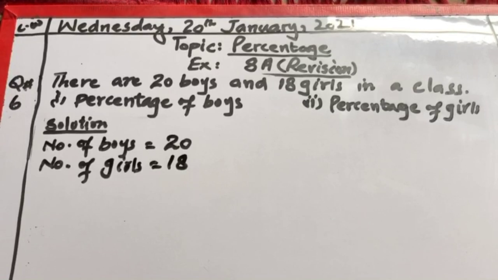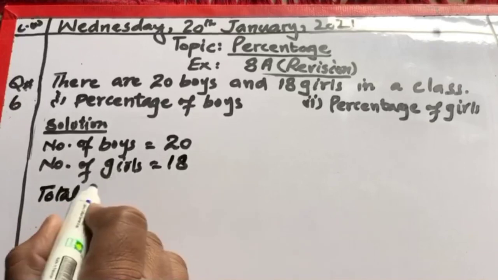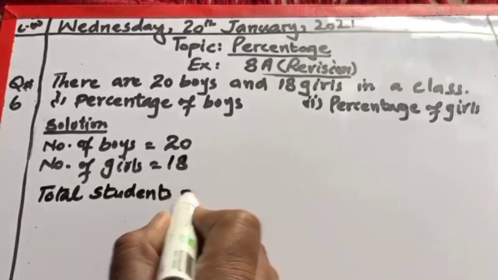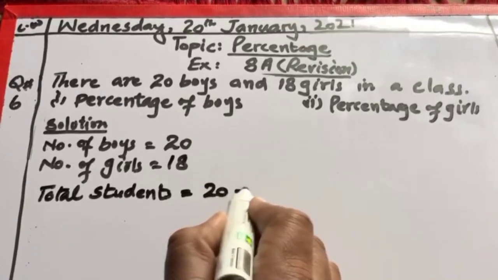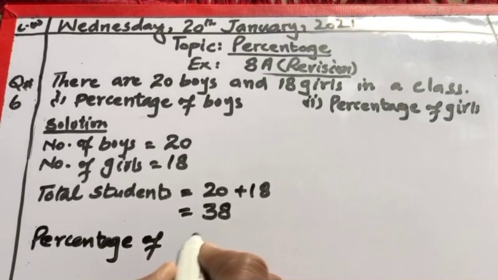First of all we will find the total students. The total students of the class are equal to 20 plus 18.